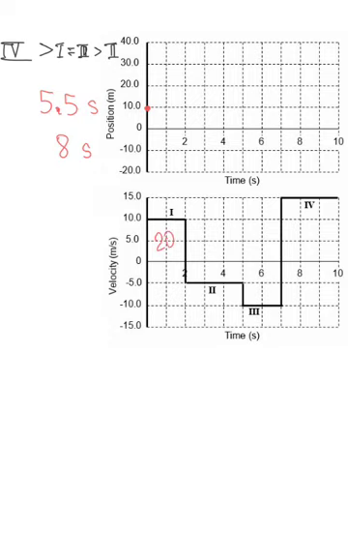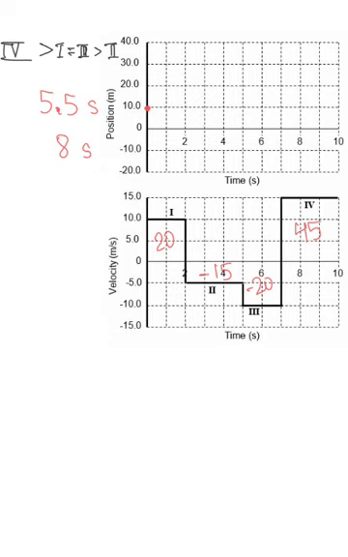Next one is a rectangle that is 3 by negative 5. So that'll be negative 15 for region 2. Region 3 will be negative 20. And region 4 would be positive 45.